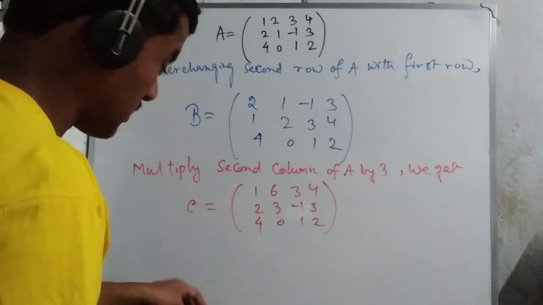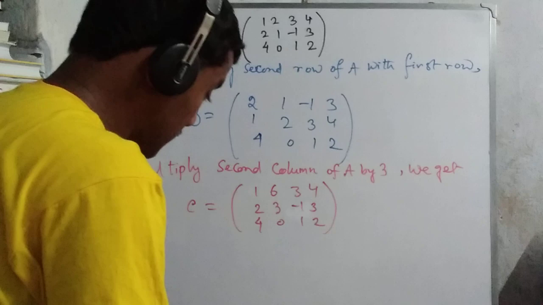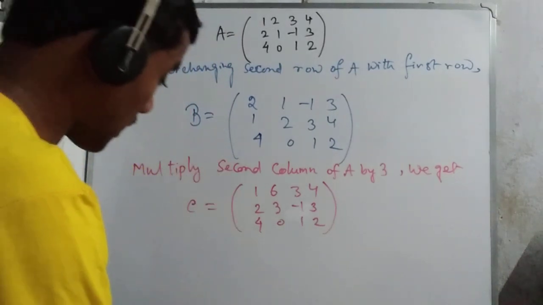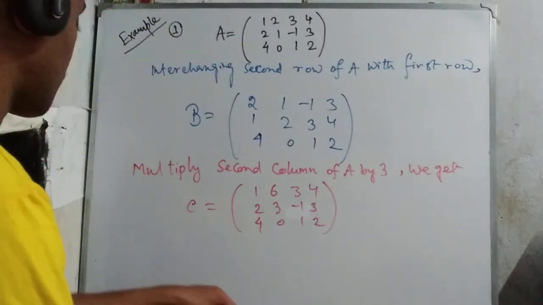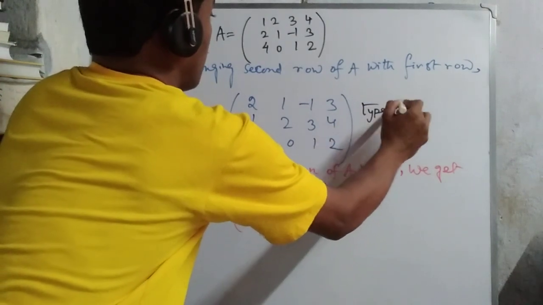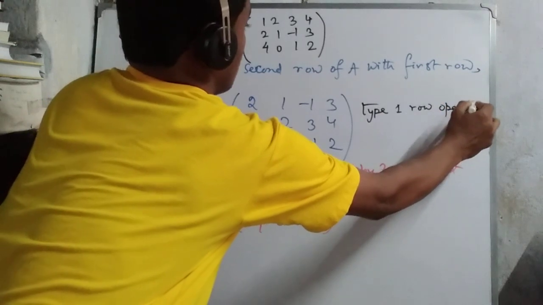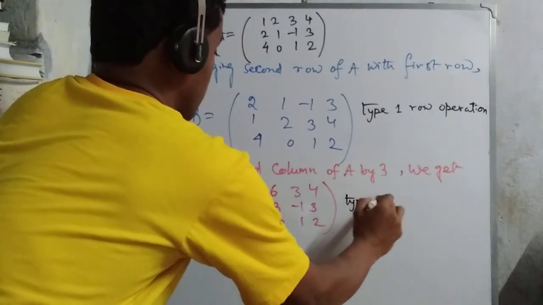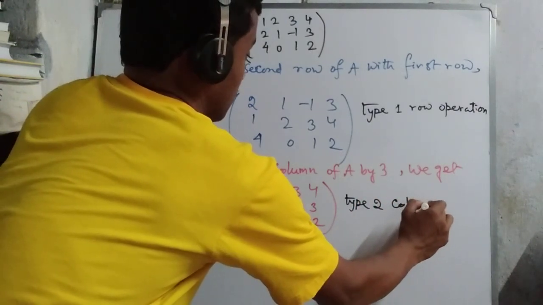Understood? This one is a type 2 column operation, and the earlier one is a type 1 row operation.